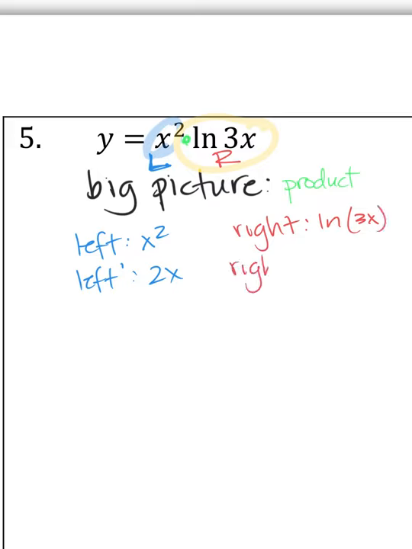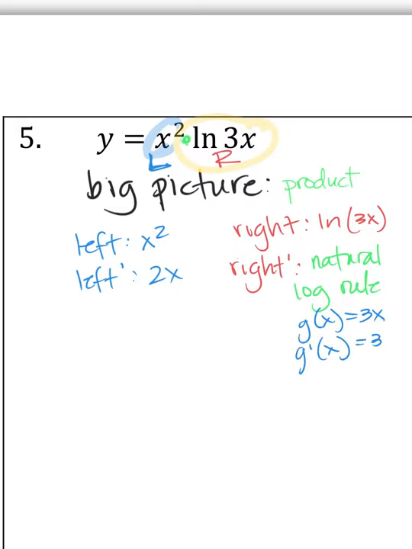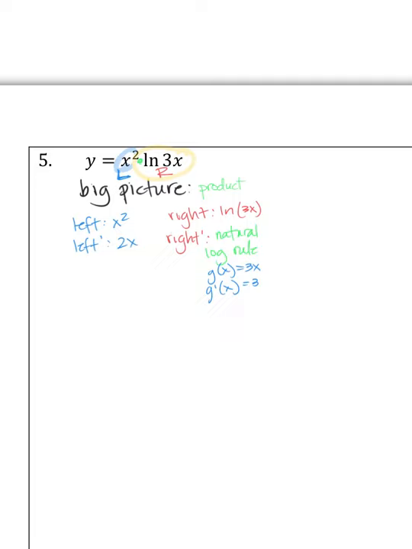And then for the right derivative, we are going to be using the natural log rule. And what do we need for that? We would need the g of x, which is going to be that 3x, and then its derivative is the 3.